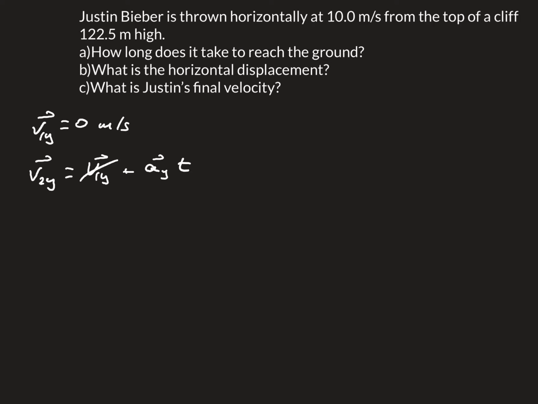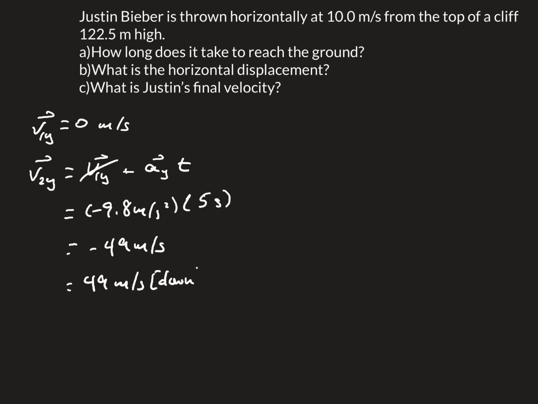So that's 0. That leaves us with negative 9.8 meters per second squared. We know the time is 5 seconds. That leaves us with negative 49 meters per second, which is to say 49 meters per second in the down direction, right? Because positive is up and positive is forward or to the right.